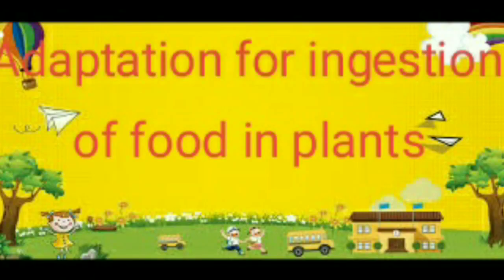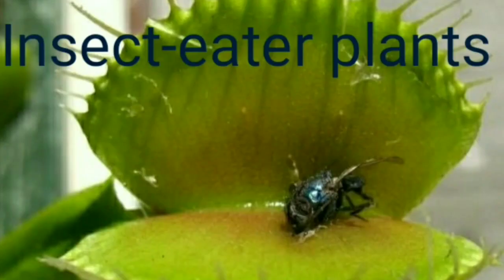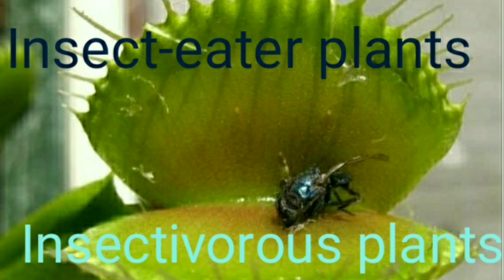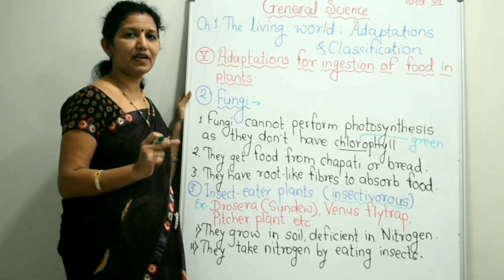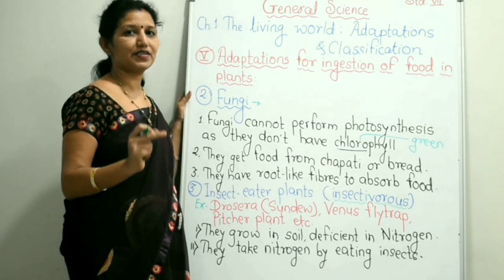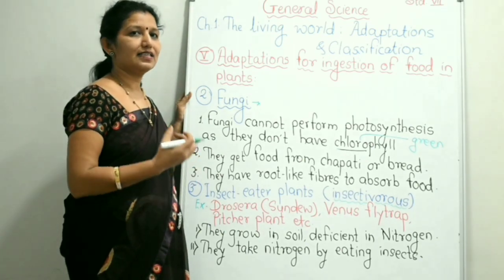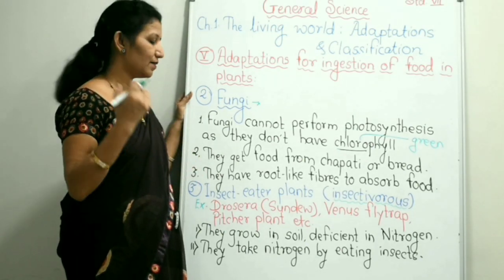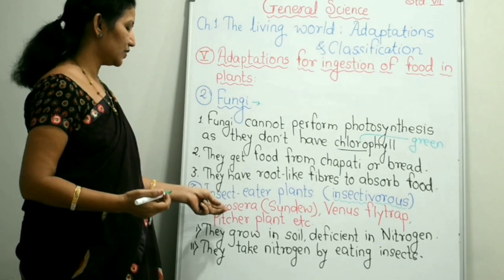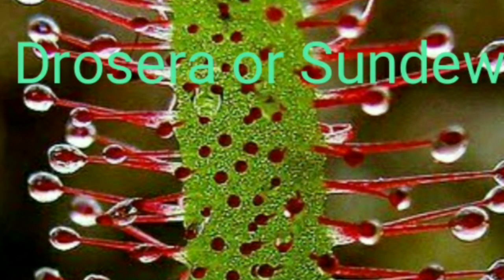Now we will switch to the next plant, that is the insect eater plant, which can also be called an insectivorous plant. Insectivorous plant in Marathi is called Kitak Bhakshi Vanaspati because it eats insects. That's why it is called an insectivorous plant. Now the examples of these insectivorous plants are Drosera or sundew.